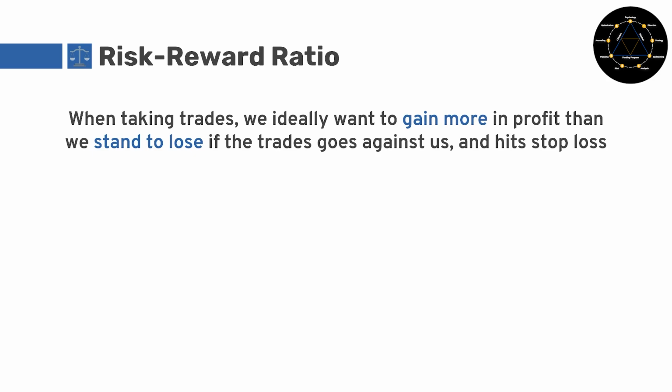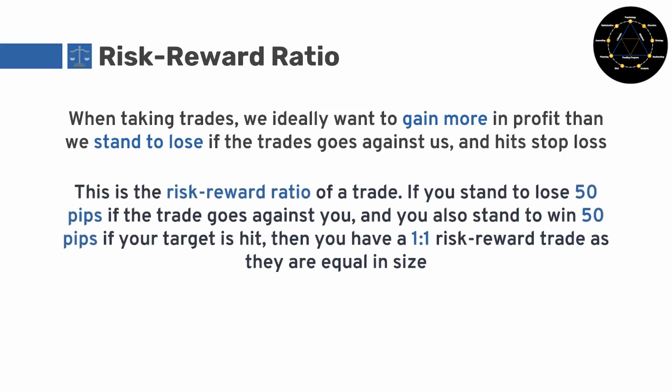So you can imagine that your win rate, the amount of trades you win, would have to be very high for you to even break even. If you're standing to gain twice as much on average per trade than you stand to lose, you don't need as high a win rate to make money or break even. And this is the risk reward ratio of the trade.